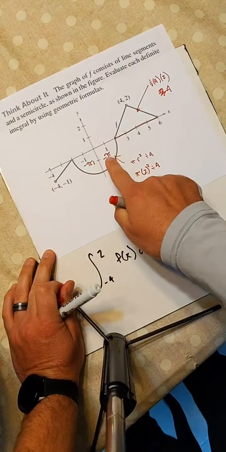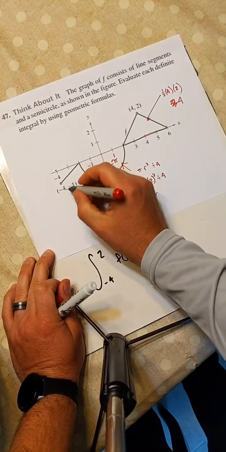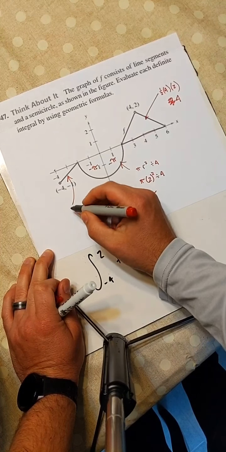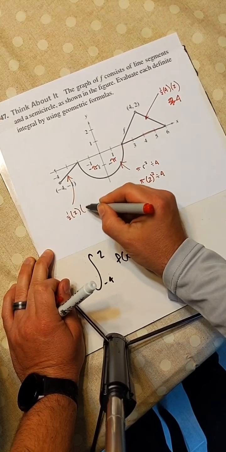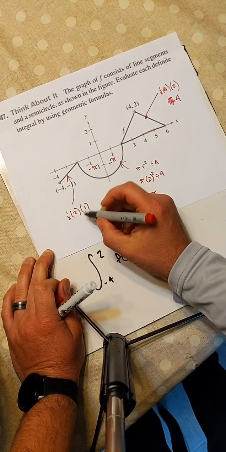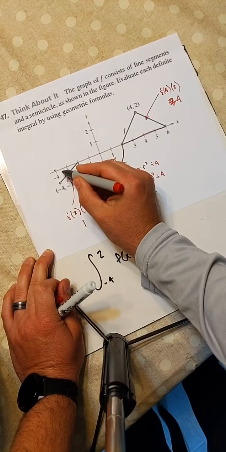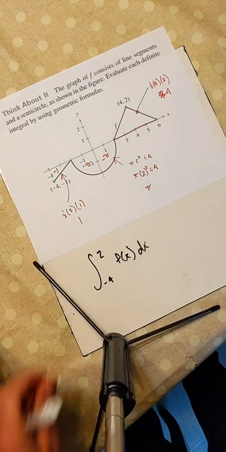Well, we already know this is a negative pi, and that's a negative pi. What we've got to do is find this area here, which is a triangle shape, so 1/2, the base of that triangle is 2, the height is 1, so 1/2 of 2 times 1 is 1, but since it's underneath the curve, that is a negative 1 area.